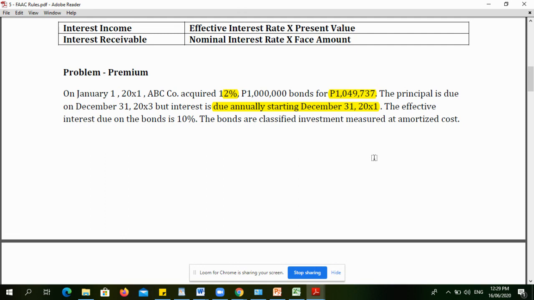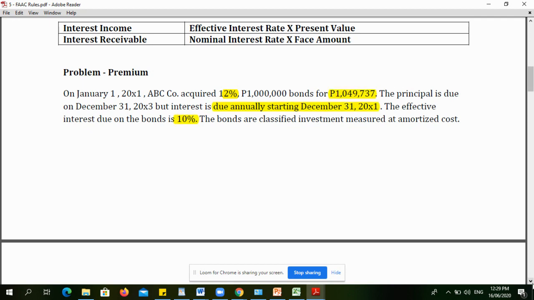The effective interest rate on the bonds is 10%. The bonds are classified as investment measured at amortized cost. As you can see, may dalawang interest rate. Yung 12% na nasa taas, ito yung stated rate. Yung 10% naman sa baba, ito yung effective rate.